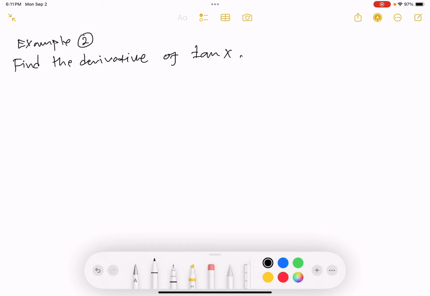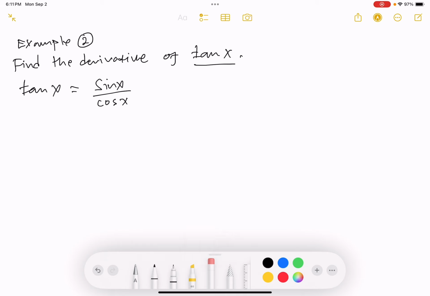But in our case, we're trying to use the quotient rule. So I'm going to change our tan of x into something that looks more like a fraction so we can apply our quotient rule. How do I do that? Tan of x is the same thing as sine of x divided by cosine of x, right?